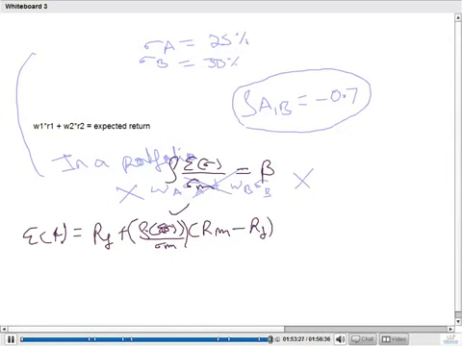It can also be written as covariance of the portfolio with the market upon the variance of the market. This is the same formula. If I substitute the formula of correlation, which is covariance upon sigma into sigma, I will get this formula. So beta is given as covariance upon variance, or correlation into sigma p upon sigma m.